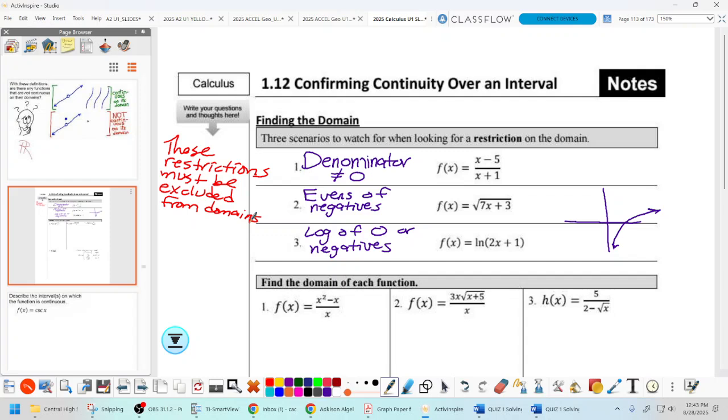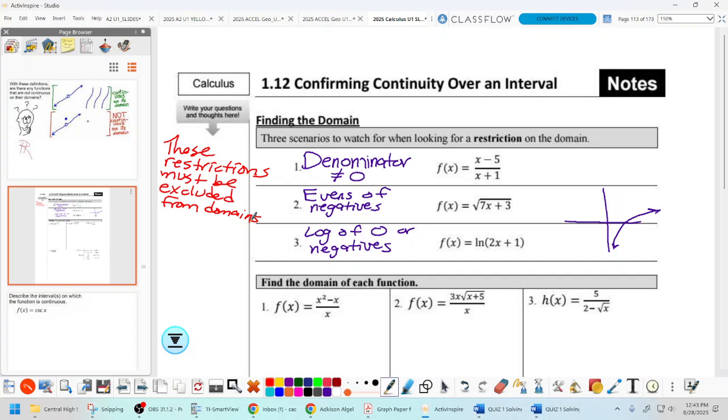Okay, here's the thing. Again, the title, confirming continuity. So if it says on what intervals is the function continuous, that's kind of our goal. Like, where is this particular function continuous? Because we can pick out those pieces that fail and still say, hey, it's continuous here, here, and here. Okay, that's kind of what we're looking at.